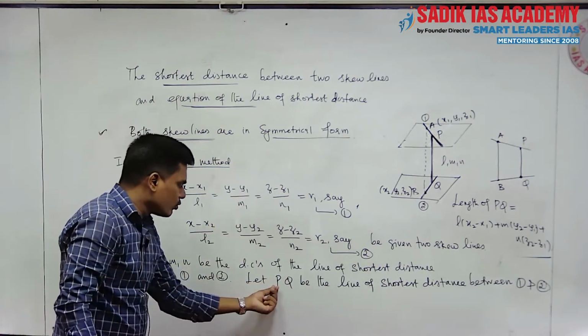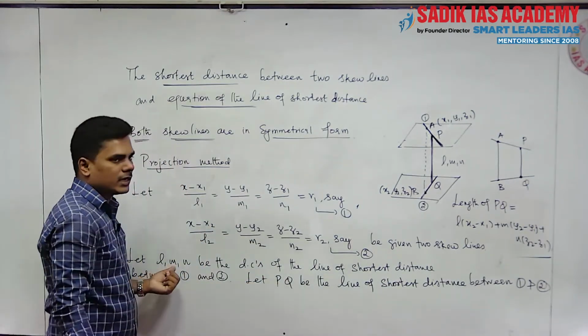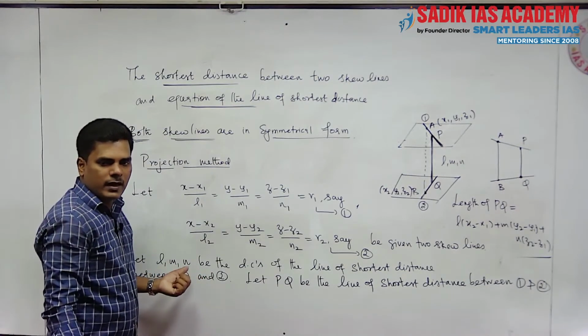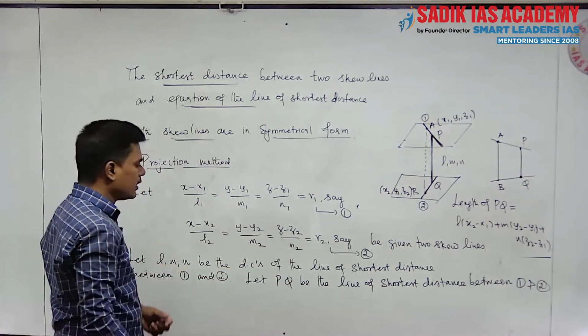And the direction cosines of this PQ only, what we have taken, are L, M, N. Yes or no? The direction cosines of this PQ only we have taken L, M, N.